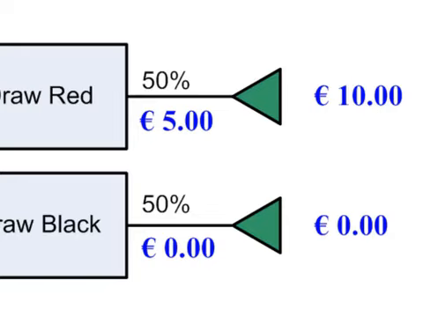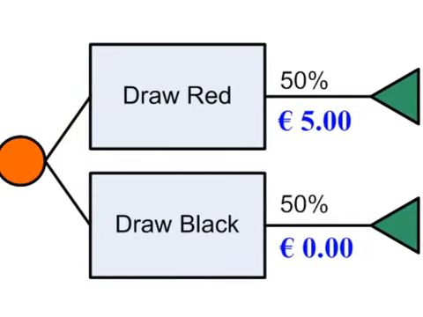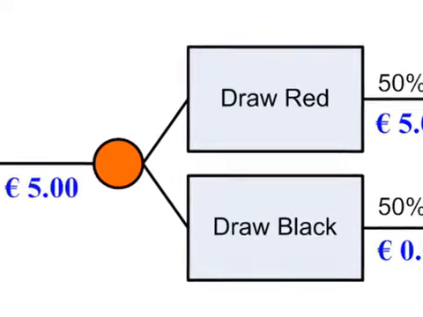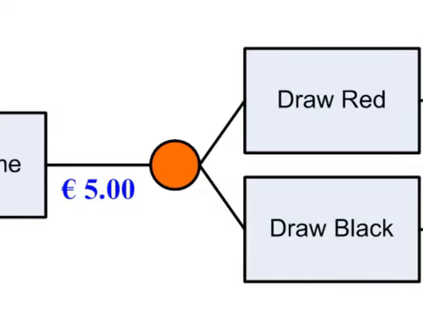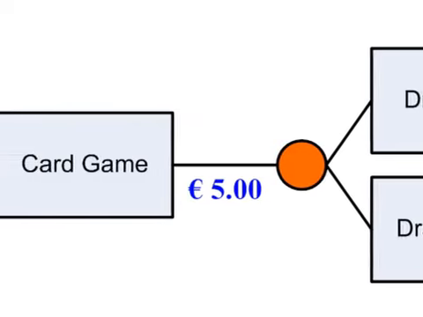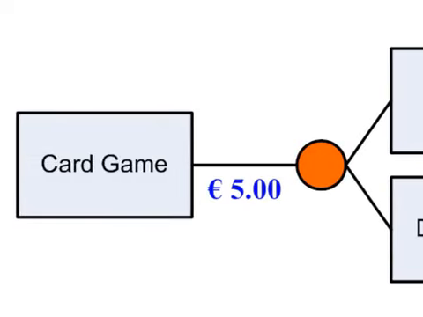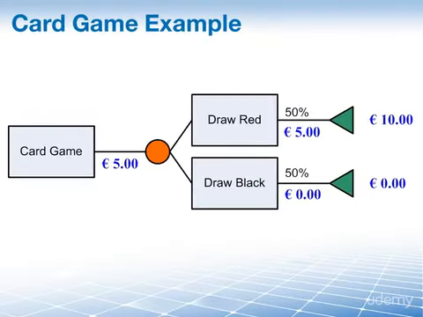I also know I have a 50% chance to draw black, but of course 50% of 0 euros is still 0 euros. And then I looked at those 2 chances and I added them up. 5 euros and 0 euros is 5 euros, and this 5 euro total of my 2 chances was added on the left hand side right there to the left of our chance node. 5 euros went there. This is a very simple example, a simple overview of a decision tree.